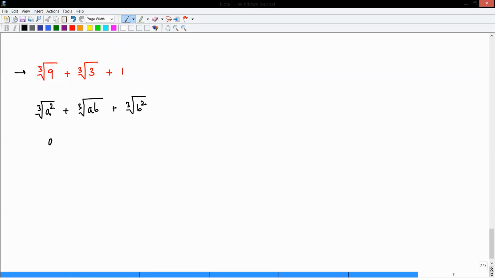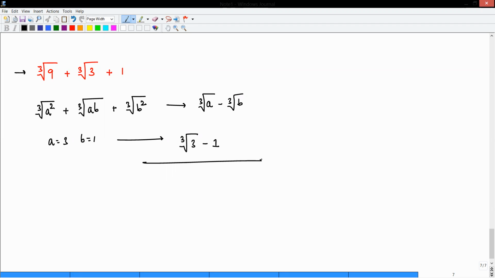If you equate it, you know that a equal to 3, b is equals to 1. For this, what is the rationalizing factor? Cube root of a minus cube root of b is the rationalizing factor because in between you have plus. I would say cube root of a means 3, b means 1. This question was asked in one of the previous years.